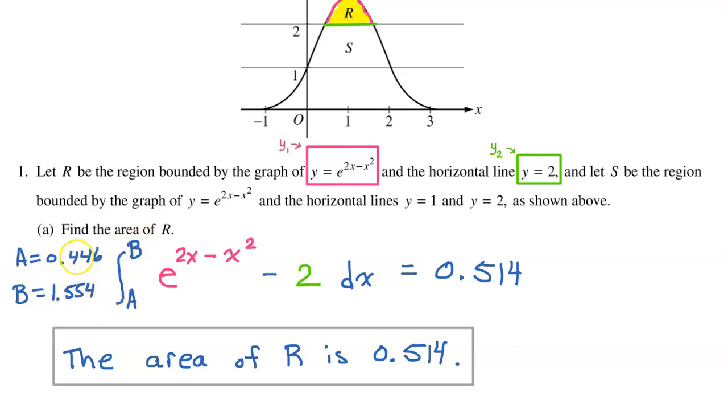Alternatively, you could write 0.446 instead of writing A, and you can write 1.554 instead of writing B if you just want to fill it in.